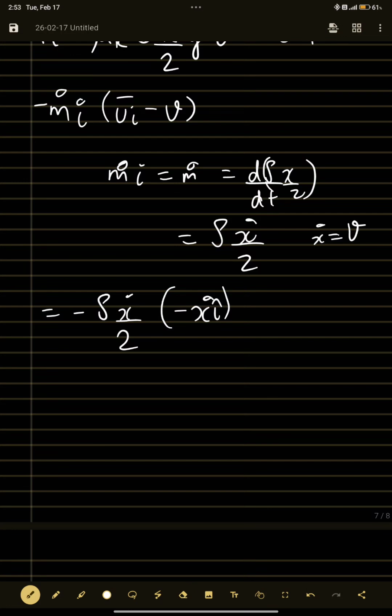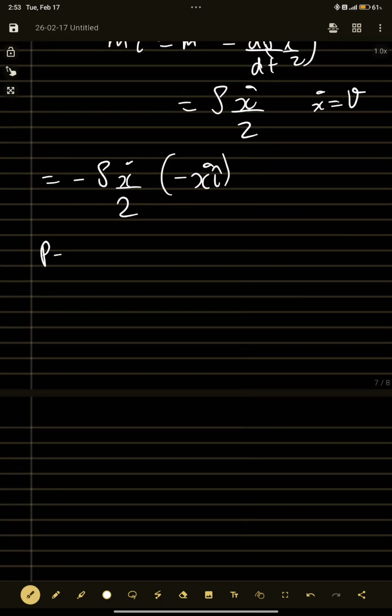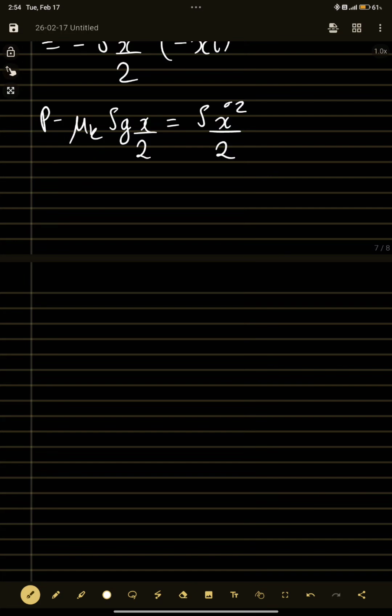So what you end up with is P minus mu k... So what is the force required as a function of x such that the v is constant will be rho v square plus mu k rho g x y.